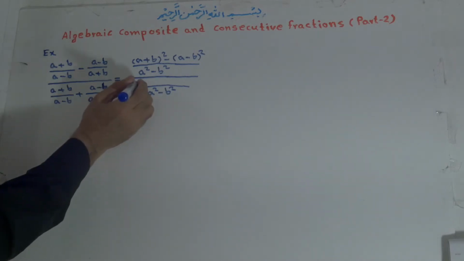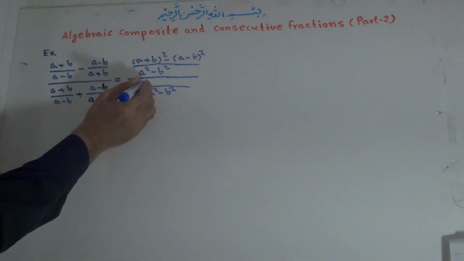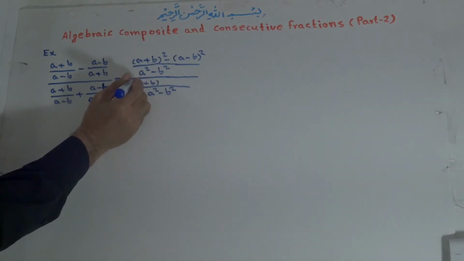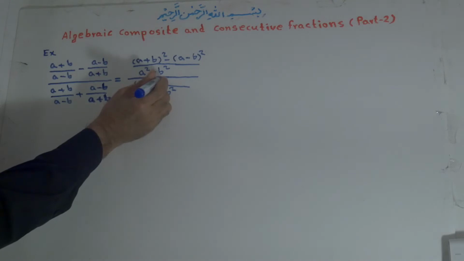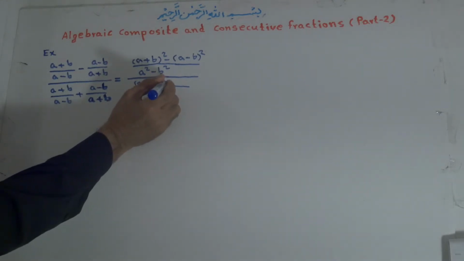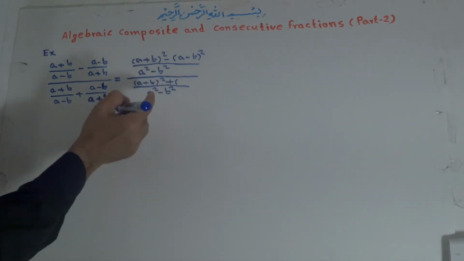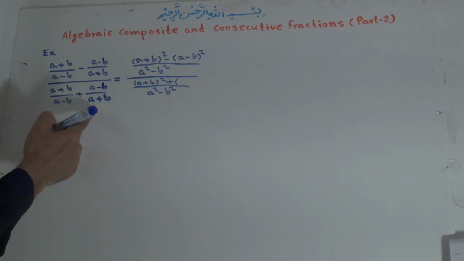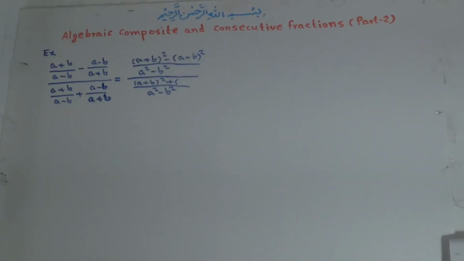A plus b times a plus b is equal to a plus b to the power of 2, or a plus b squared, plus a minus b, a squared minus b squared divided by a plus b is equal to a minus b.